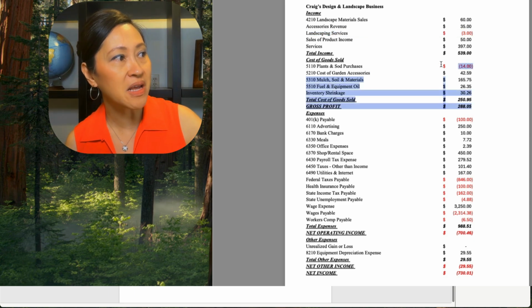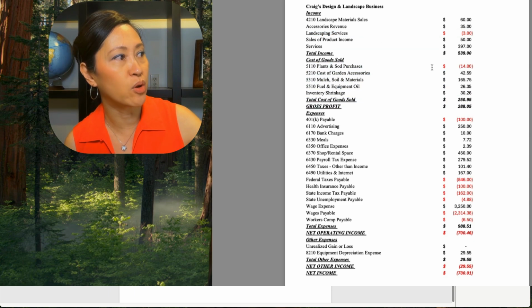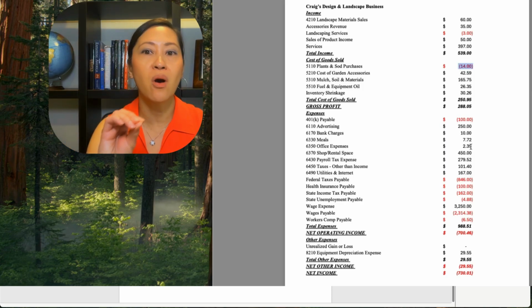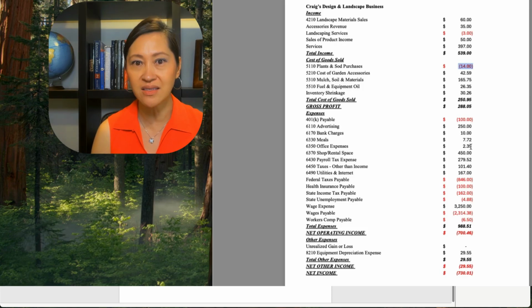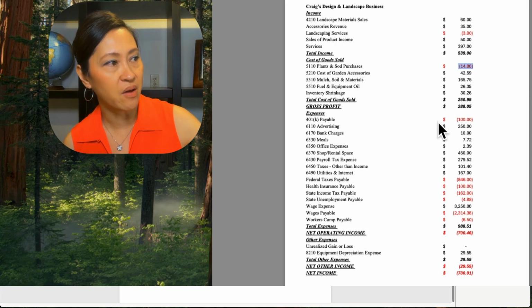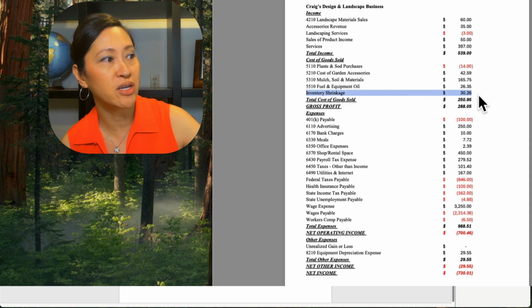A negative number in COGS usually means something was recorded or classified incorrectly. COGS should almost always be positive because it represents the cost of the products sold. Let's talk about this account. QuickBooks creates an inventory shrinkage account whenever you adjust inventory quantities. This is normal.